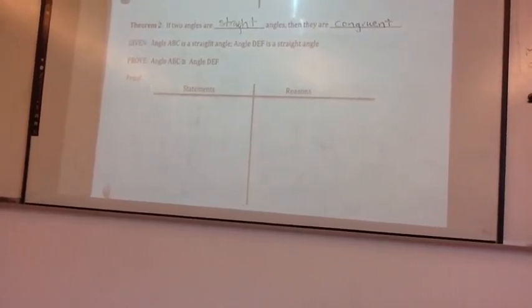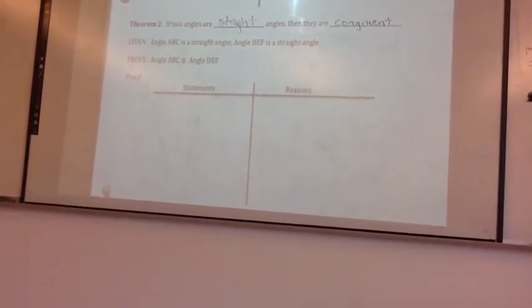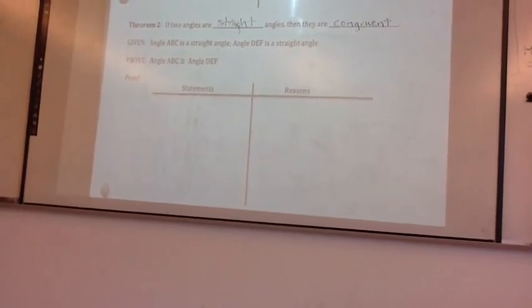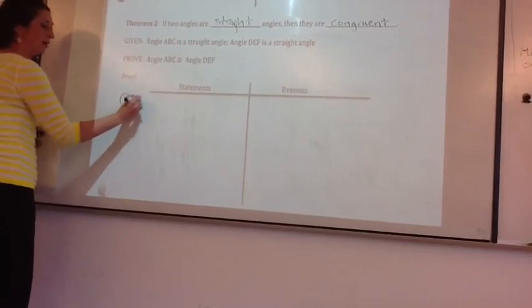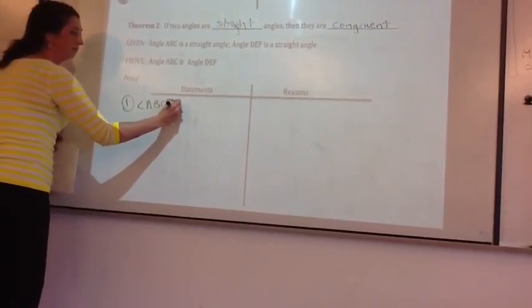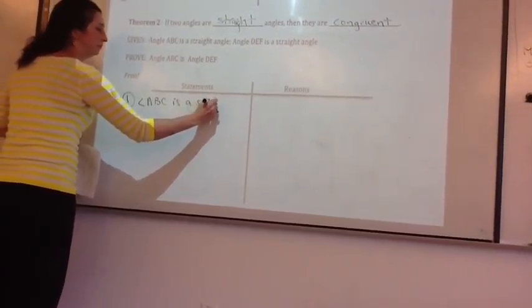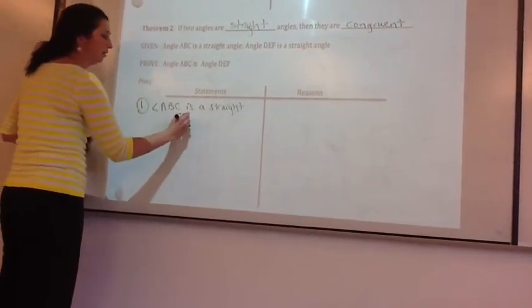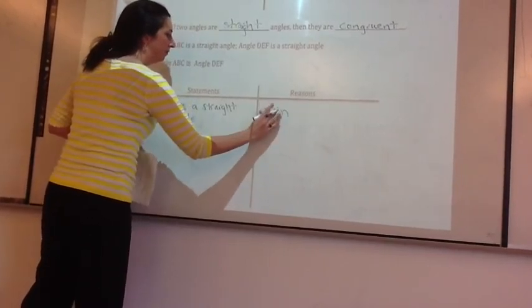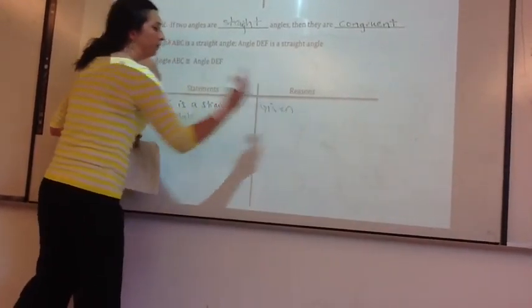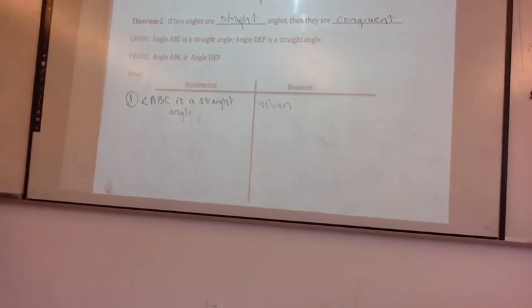So raise your hand and give me your first statement. First statement. Yes? Angle ABC is a straight angle. Good. Why? Because it's given. Good. Who's got the second statement? Yes?